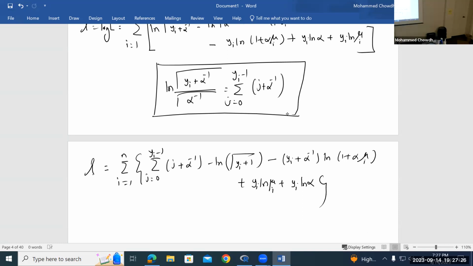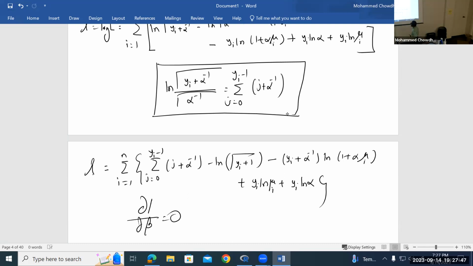What we need to do is just the first and second derivative. The first and second derivative will give us the Hessian matrix. Remember I discussed the Newton-Raphson method. After that, we have to differentiate log of L with respect to beta.